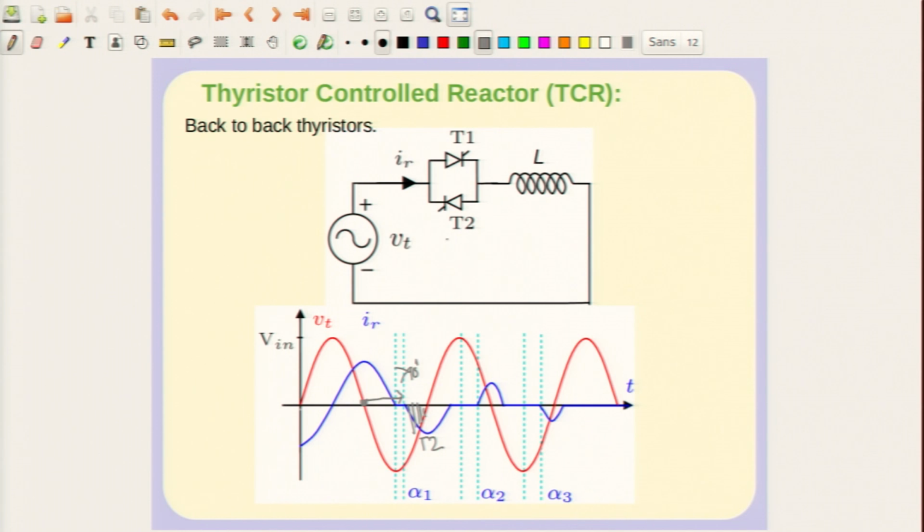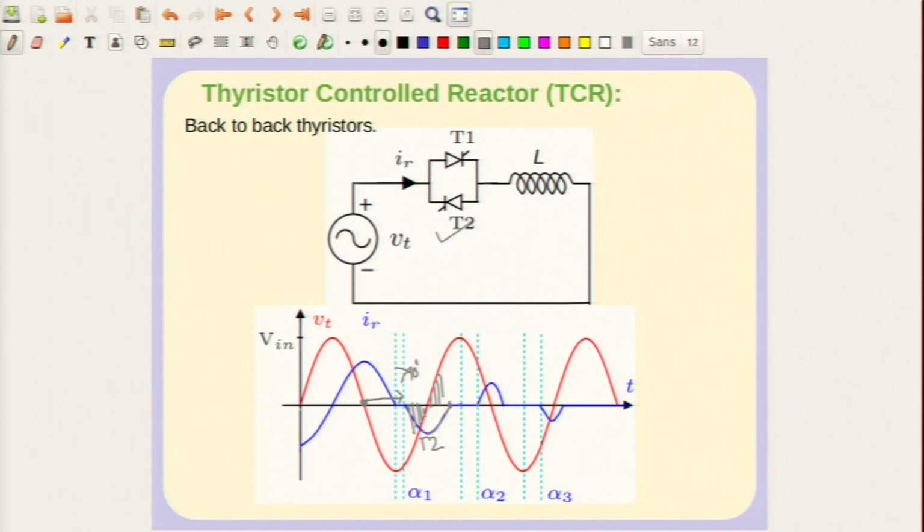I will give the firing signal to thyristor T2 after 90 degrees of this zero crossing. Now you will have a negative current, and from this point onwards it becomes positive, so the current starts increasing again like this. At this point the current becomes 0 and the thyristor stops conducting. So, the thyristor stops conducting when the current through the inductor becomes 0.